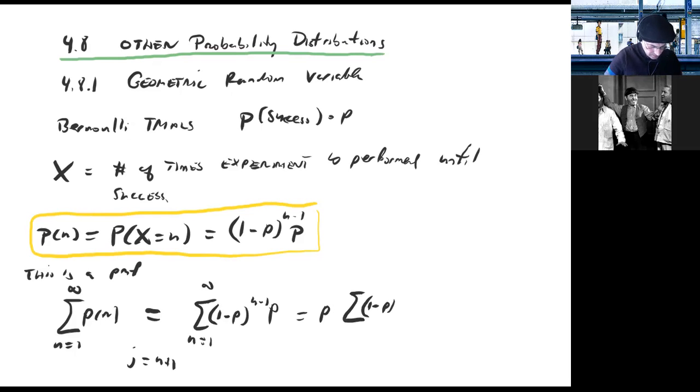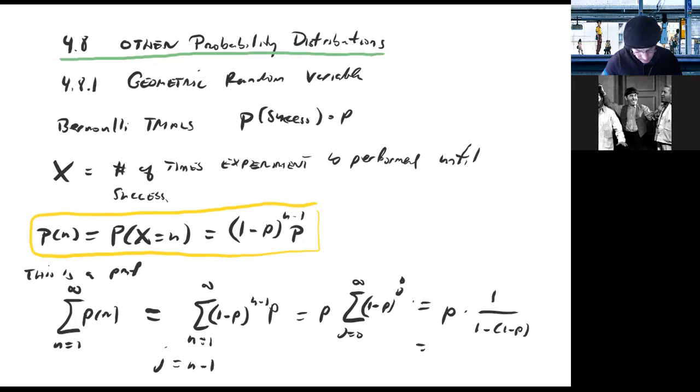So this is the sum, j goes from 0 to infinity, of (1 minus P) to the j. Here j is equal to n minus 1. Now this is a geometric series, and its common ratio is 1 minus P, so you get P times 1 over the quantity 1 minus (1 minus P), which is P times 1 over P, and you get 1. So this checks out. It is a probability mass function.